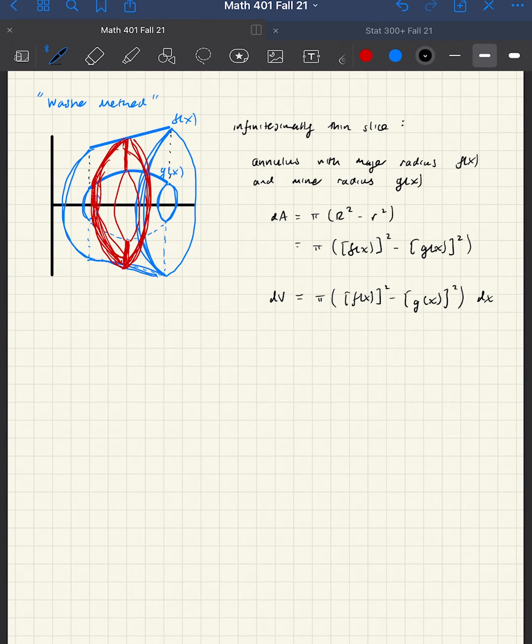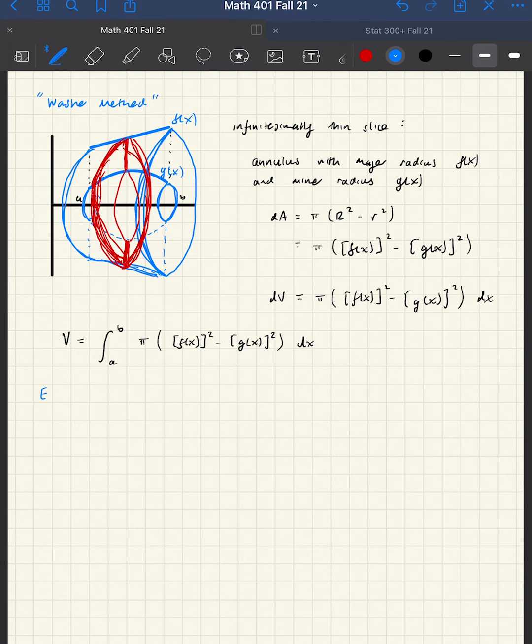All that is to say that under the washer method, the volume of such a solid is the integral from a to b, where x ranges from a to b, of pi times f of x squared minus g of x squared dx. Not too bad.